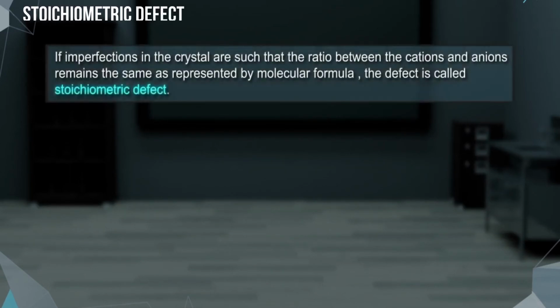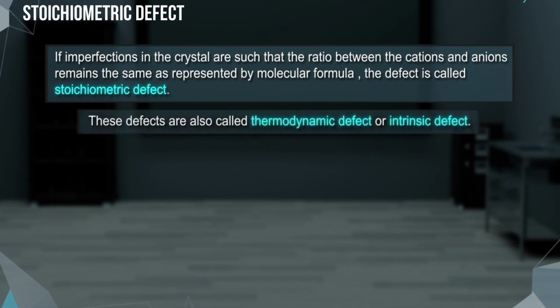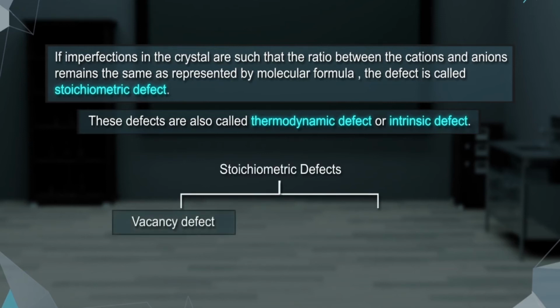If the imperfections in the solid are such that the ratio between cations and anions remains the same as represented by the molecular formula, the defect is called a stoichiometric defect. These defects are also called thermodynamic defects or intrinsic defects. Stoichiometric defects are further categorized into two: vacancy defect and interstitial defect.